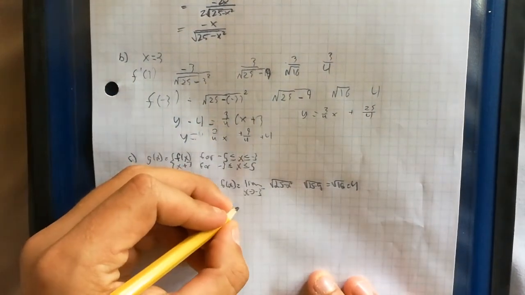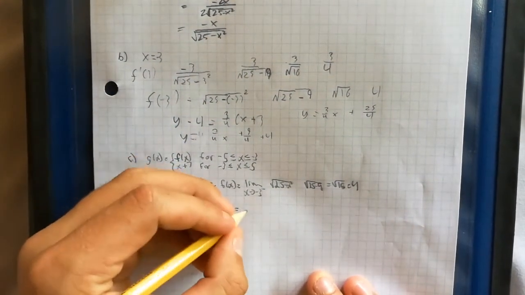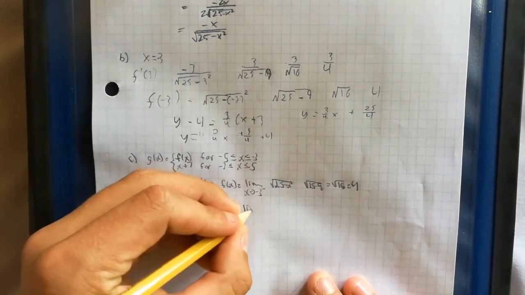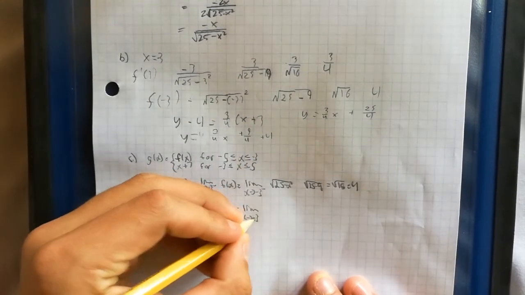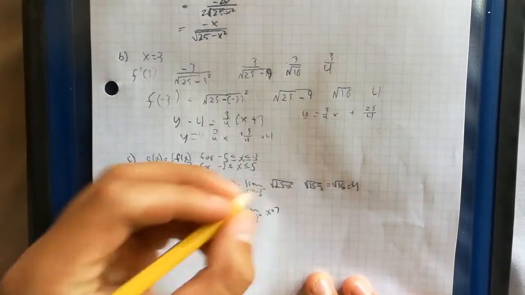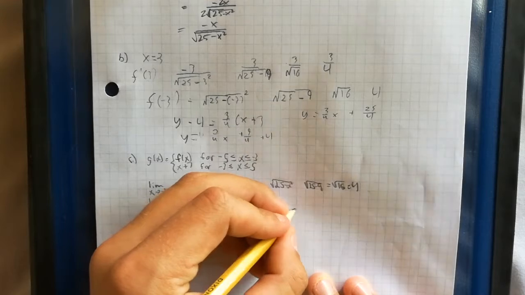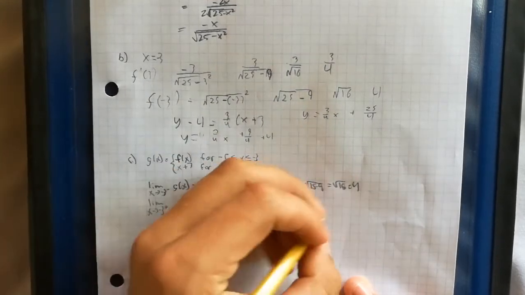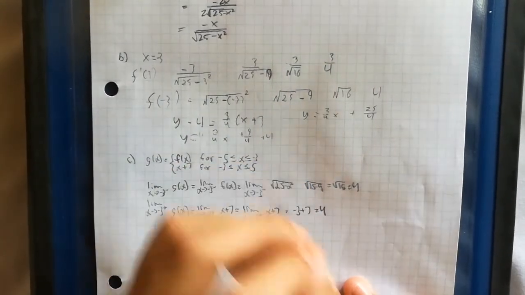Down here we do the same thing with x plus 7: take the limit as x approaches -3 from the right of x plus 7, plug in -3 plus 7, and that also gets you 4.